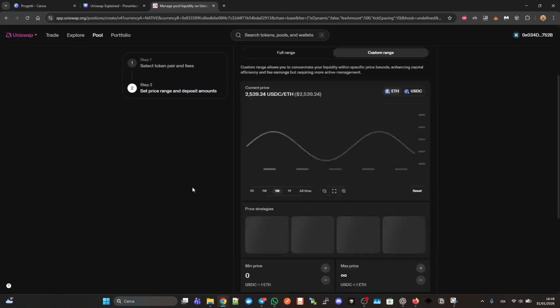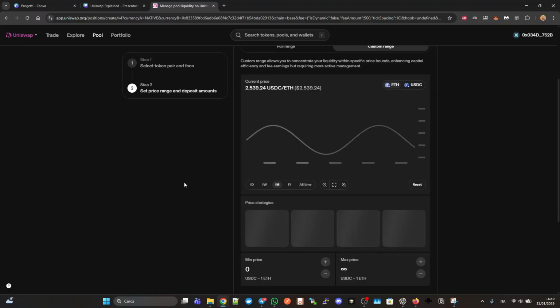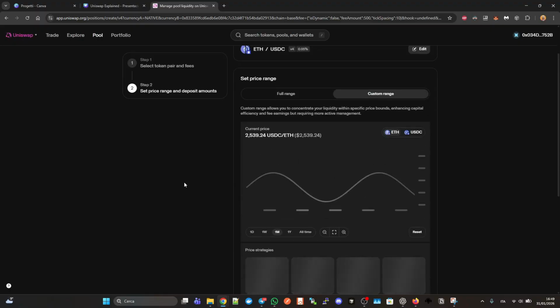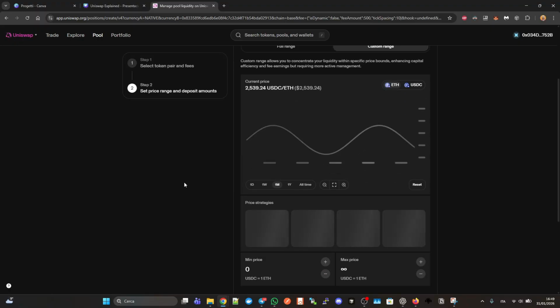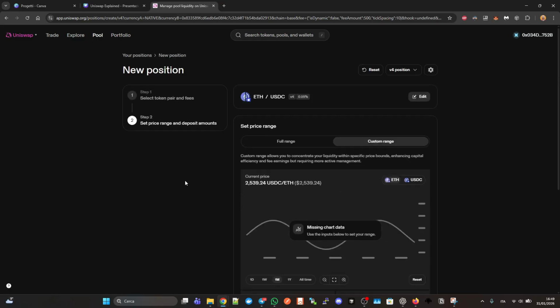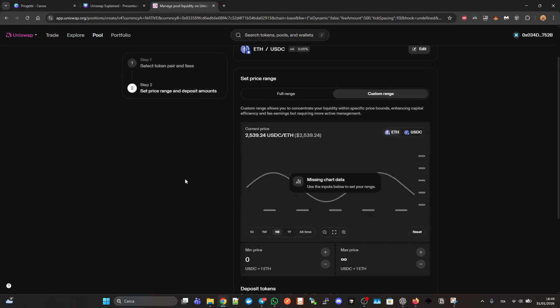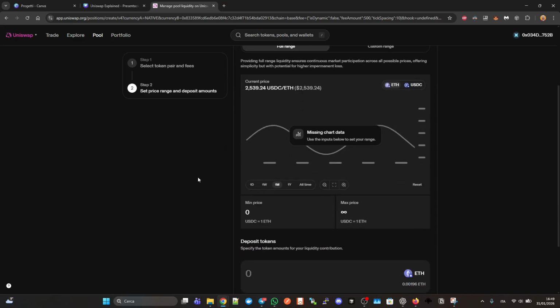Okay. Now here we have two possibilities. Let's wait a little bit so it loads. Okay, it seems fine. We can be in full range. When we are in full range, it's similar to Uniswap V2. So the price goes between 0 and infinity. So we will always earn some fee.